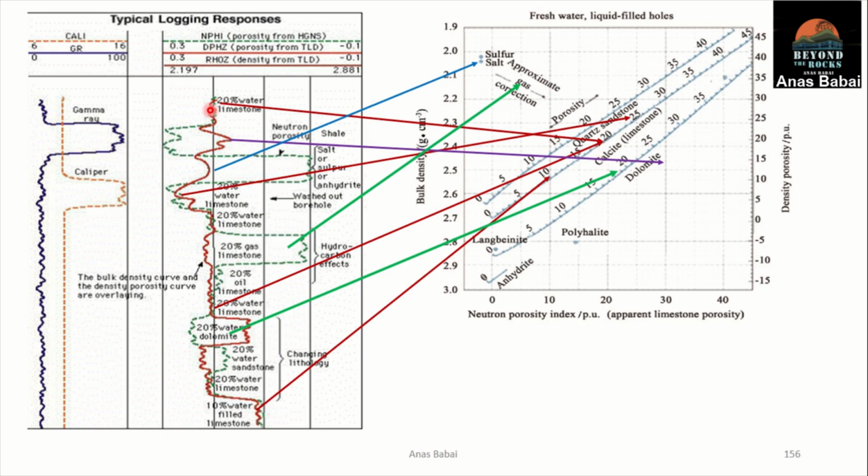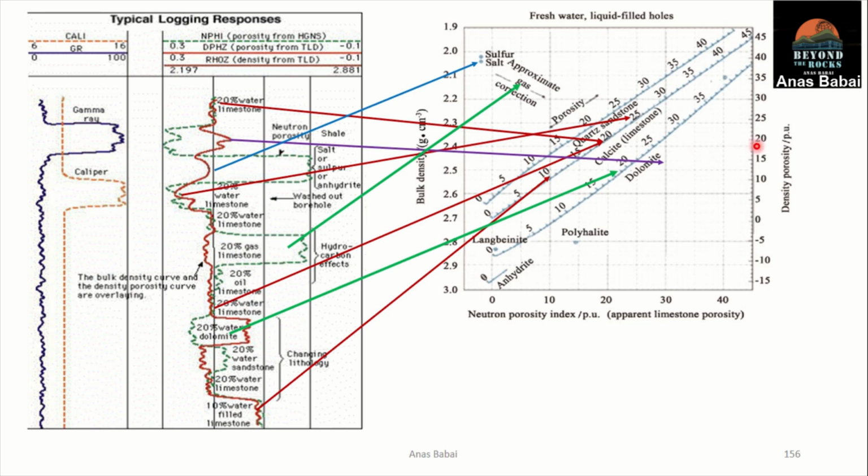And if we plot the values of the neutron and density, we have the bulk density and we have the neutron porosity. If we draw a line from this value and this value, they will intersect at a point, and from this point of intersection we can get the value of the porosity and the lithology as well. So in this case we have 20% density porosity and 20% neutron porosity.